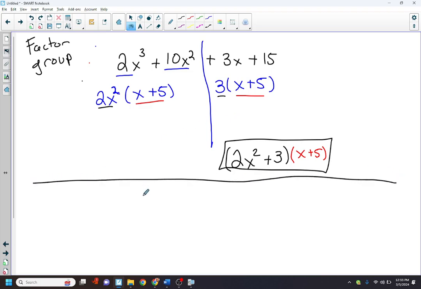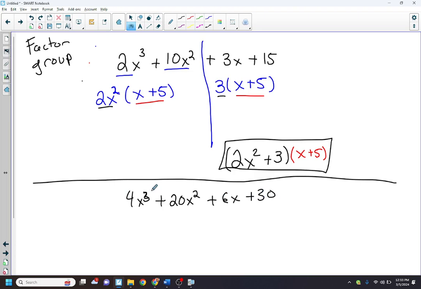So if you could do something like GCF, always pay attention. So 4x cubed plus 20x squared plus 6x plus 30.